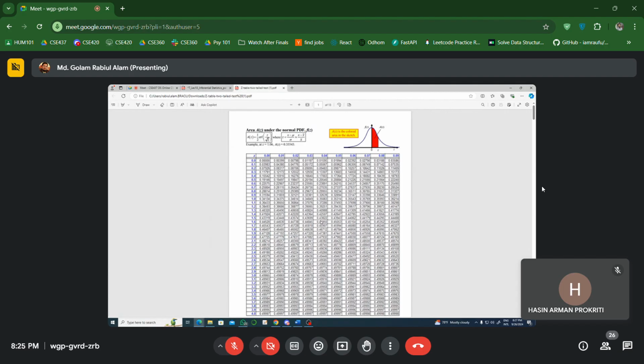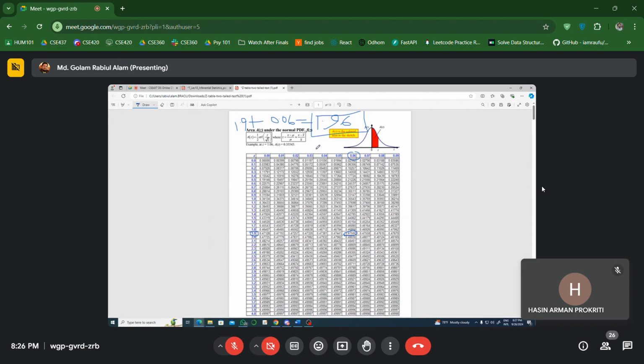We can see here 475. 475 is here in this case. This is 0.475. We will get the Z score or Z value for that. It is 1.9 here, plus in the column we get 0.06, so 0.06. That is our 1.96. Okay, so we got 1.96.